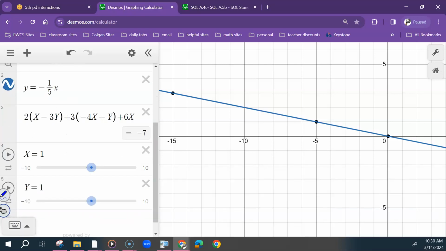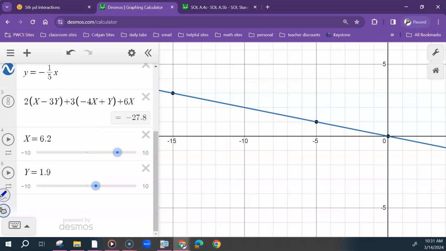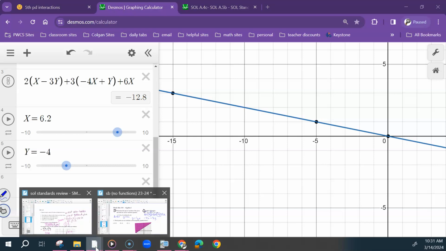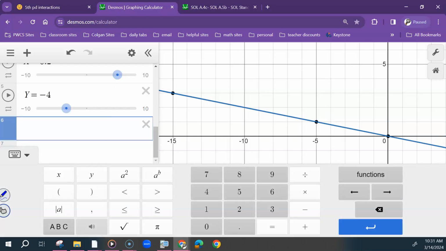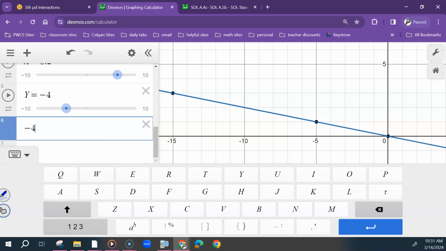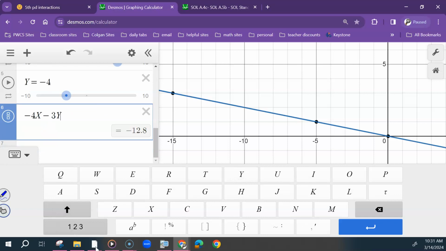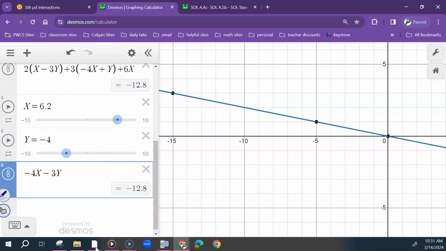Add in all your sliders, change those values to something different, and you got the same numbers for both. Negative 4x minus 3y. And if your decimals match, you know you did that right. Any questions on either of those two before we do 4?